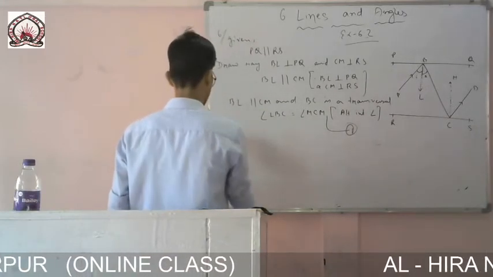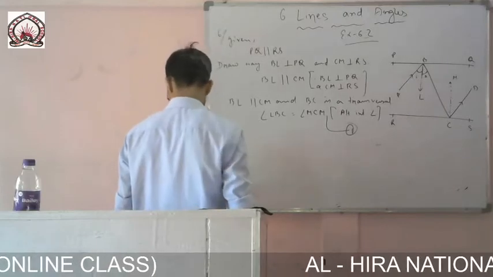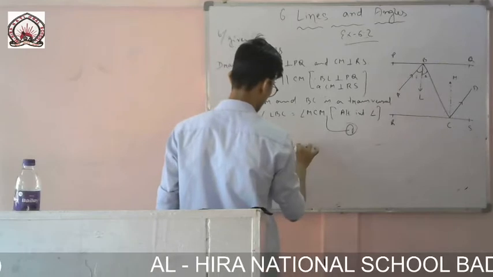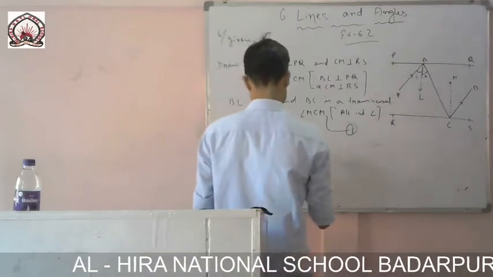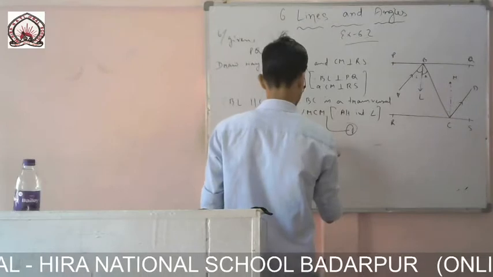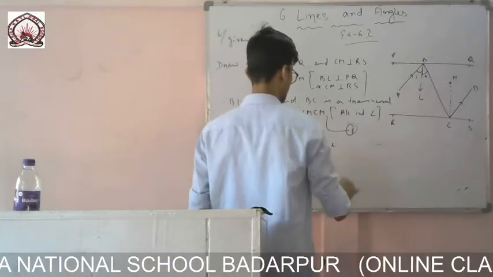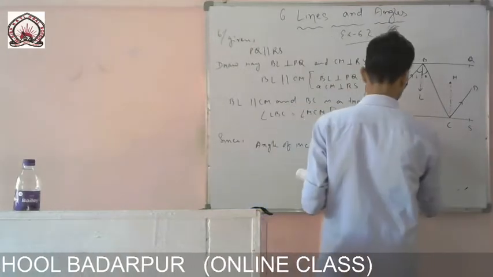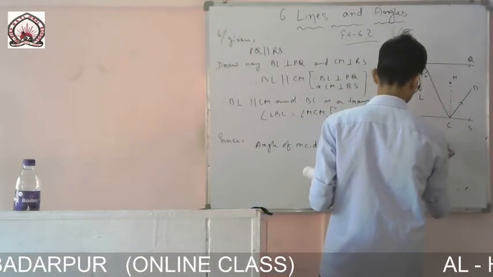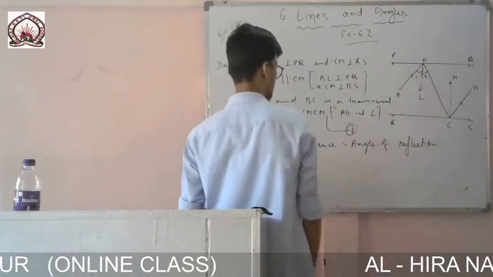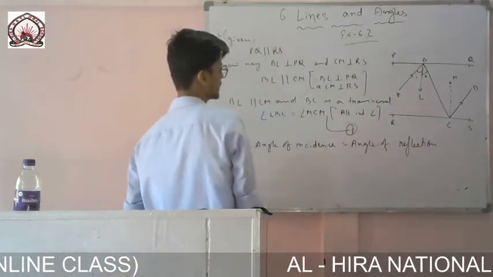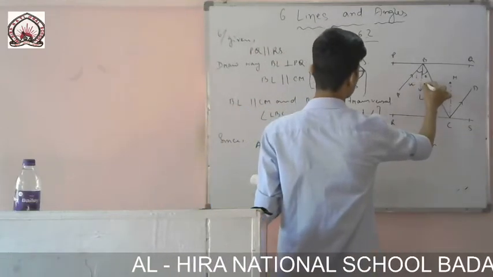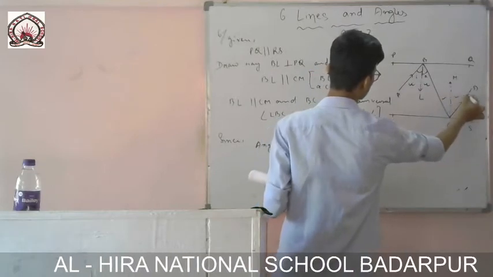Now what I have said is that the angle of incidence is equal to the angle of reflection. So you write, since we are talking about a mirror, angle of incidence is equal to angle of reflection. That means this angle will be equal to this one and this angle will be equal to that one.